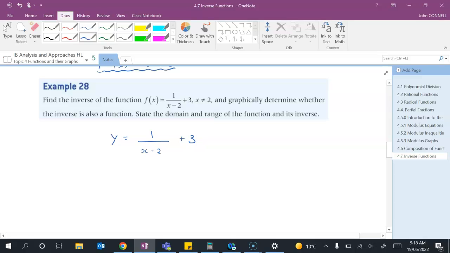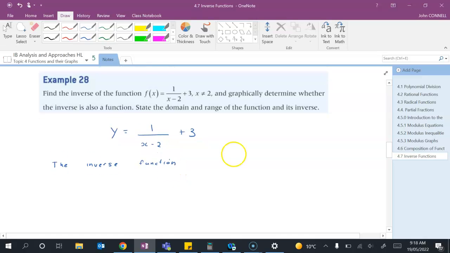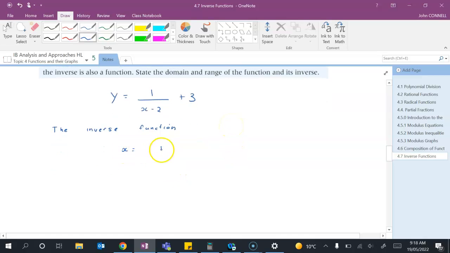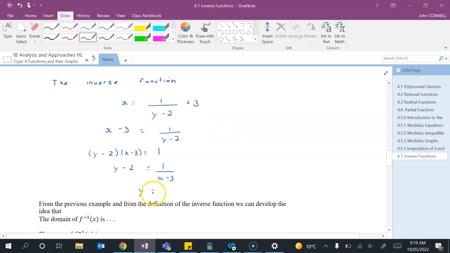And then to find the f inverse, so the inverse function is the same relationship with the x and y swapped, so it's x is equal to 1 on y take 2, plus 3, and then we want to rearrange for y, so I'm going to take 3 first, it's 1 on y take 2, and then bring that up, so y take 2 times x take 3 is equal to 1, bring the x take 3 down, so y take 2 is 1 on x take 3, and then so y is equal to 1 on x take 3 plus 2.